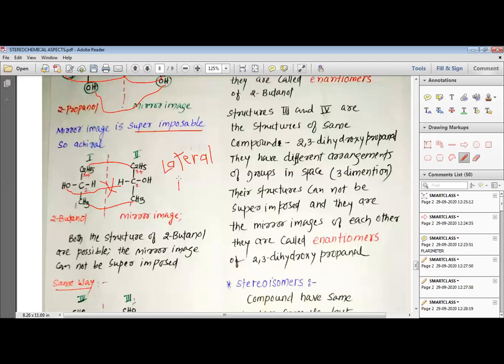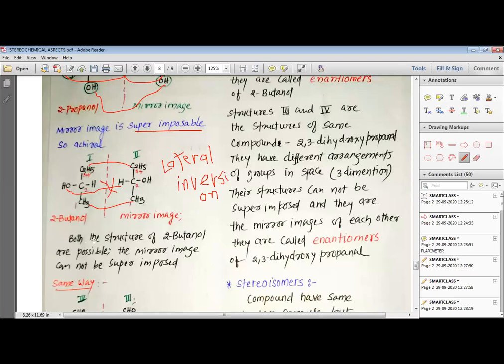Do you understand, I hope? This lateral inversion makes the mirror images not superimposable, and that is why it is chiral.